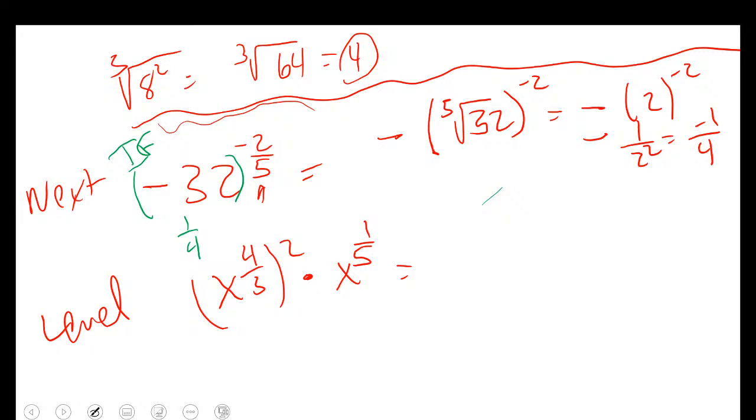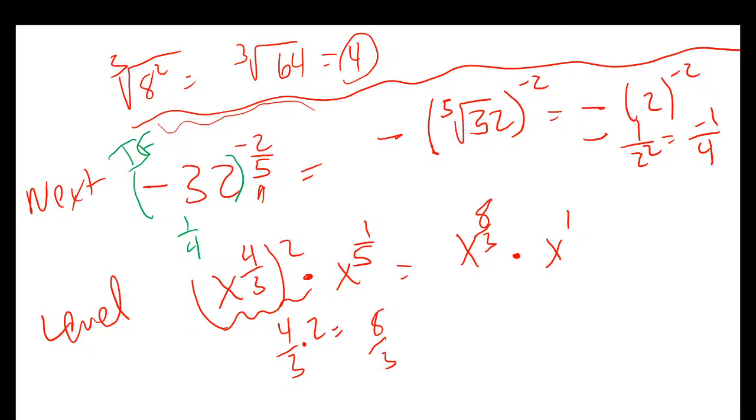Well, let's take a look. This is x to the 4/3 times 2, which is equal to 8/3. So this piece is x to the 8/3 times x to the 1/5. 8/3 plus 1/5.